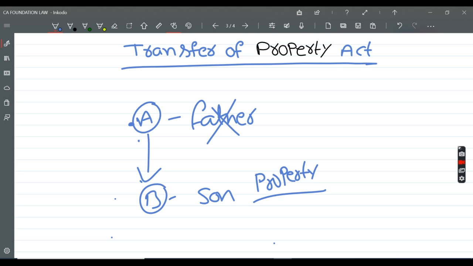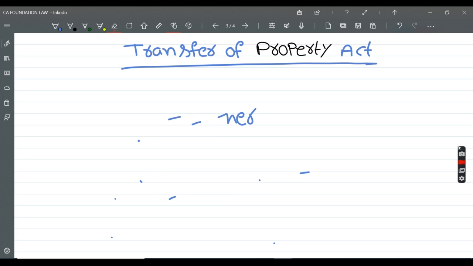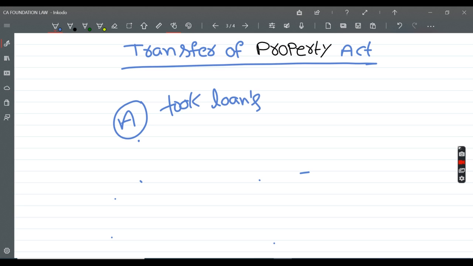Let's take insolvency. Let's say A took loans and if A is not able to pay and becomes insolvent, whatever assets are held by A will automatically transfer to the creditors who gave loans to them.